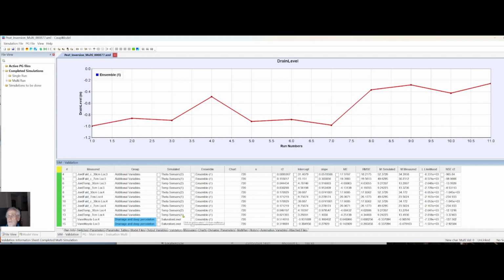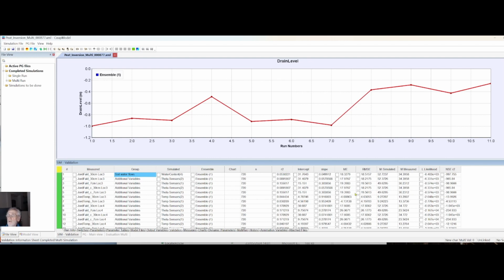We have 6 measured water contents or measured soil temperatures for each of the 2 location number 3 and location number 4. And then by accident we had one water content that was not connected to a theta sensor, it was connected to a specific layer.